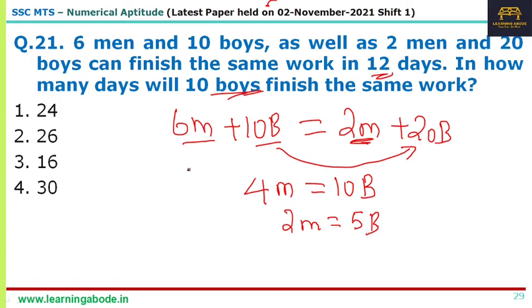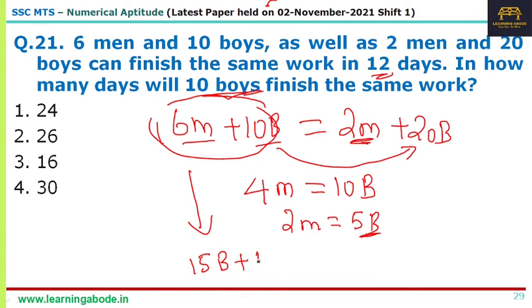Now 6 men, if 2 men equal 5 boys, is equal to 15 boys, plus 10 boys, so 25 boys in total. These 25 boys will finish the task in 12 days.